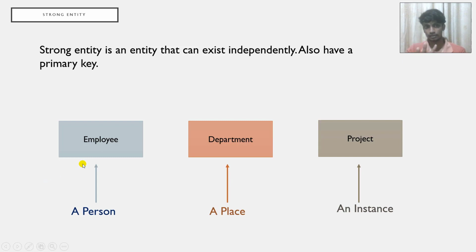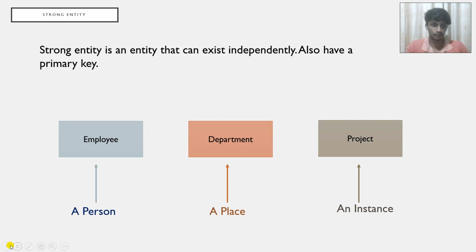So these are strong entities. I have given some graphical representation for these entities. The first one is employee, which is a person, then department, which is a place, and project, which is an instance. What I have represented here is basically the definition of the entity.